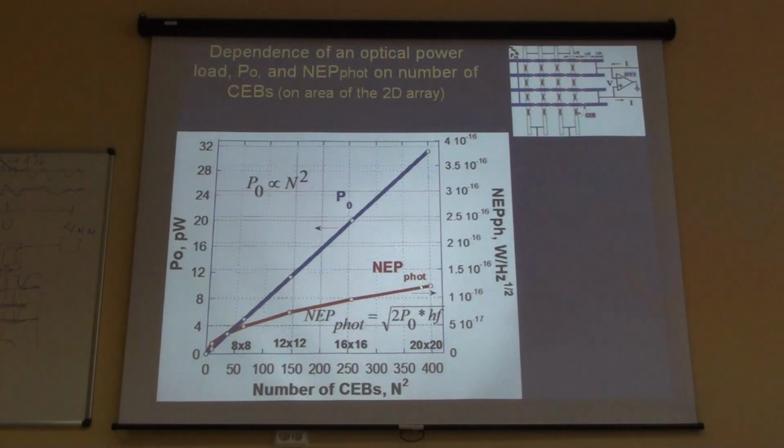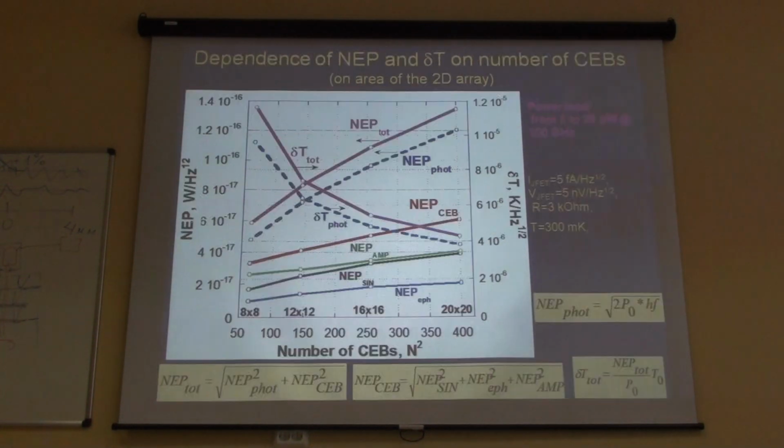That means it's a slow increase, so the ratio between them will be better if we increase the size. This is the basic idea from which we started to think about all this realization. That means these fundamental limitations, these fundamental parameters, will be improved. And then we can see the influence on properties of the bolometers, NEP of bolometer, amplifier, and so on.